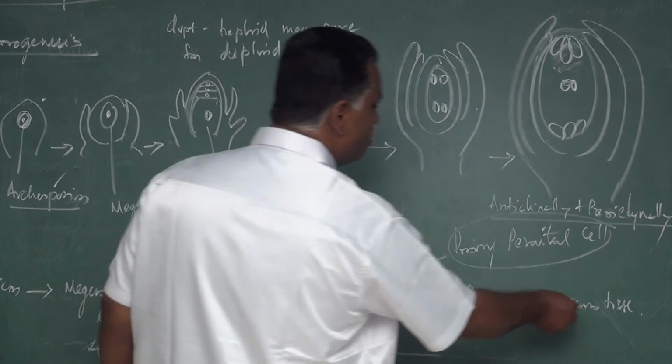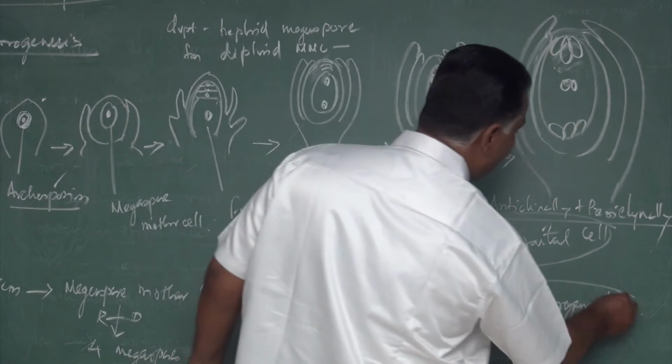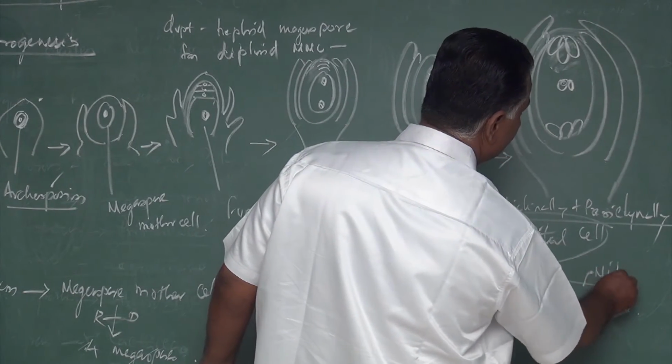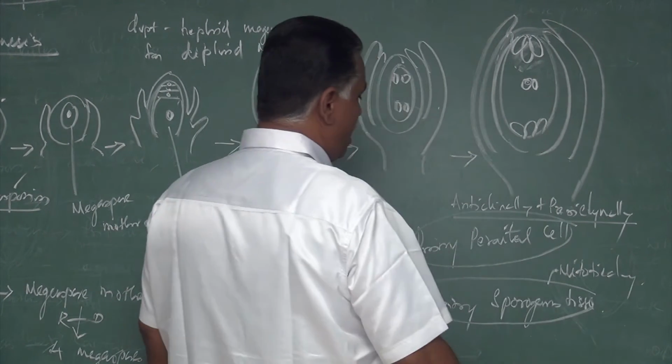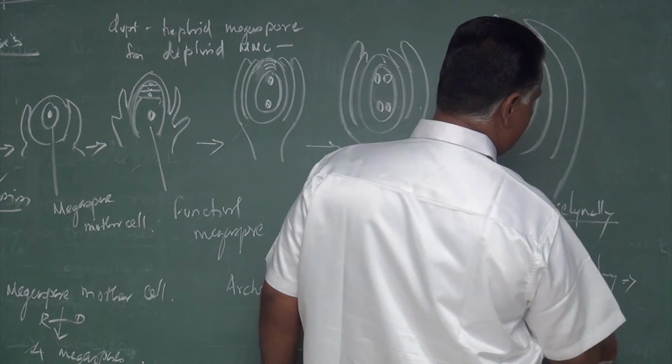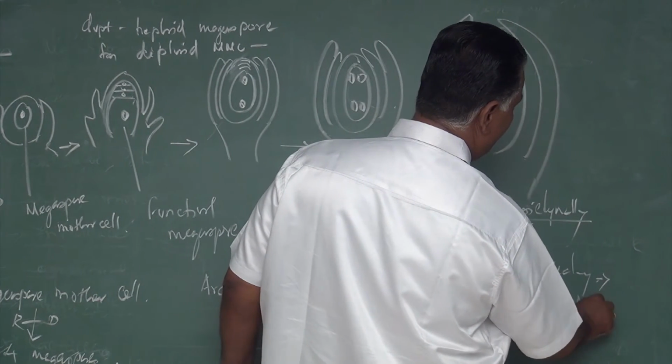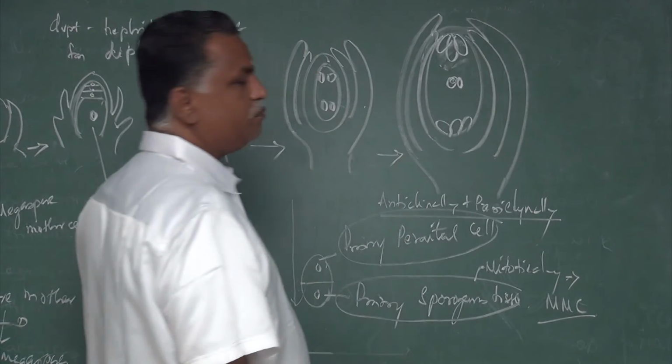The primary sporogenous cell divides mitotically, and ultimately it produces the megaspore mother cell, MMC.